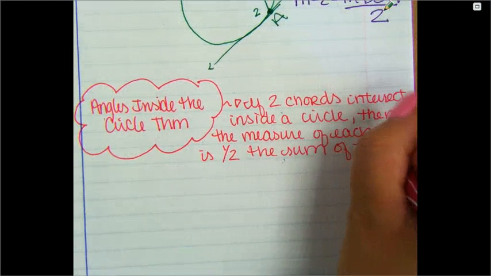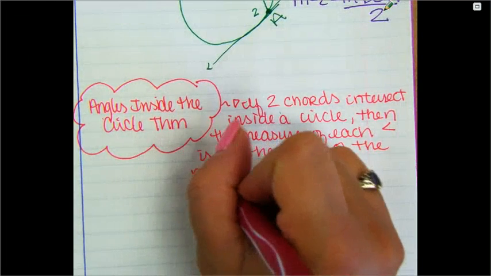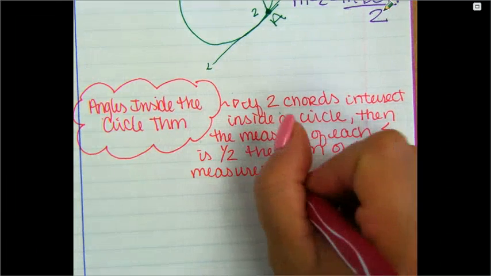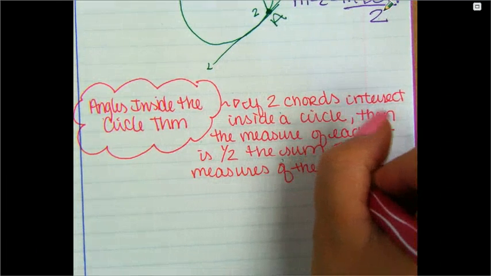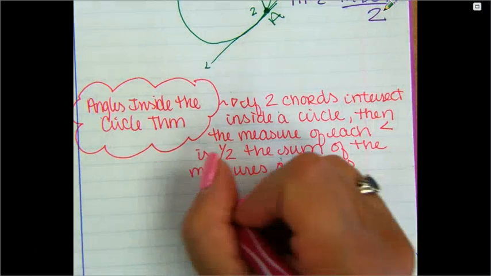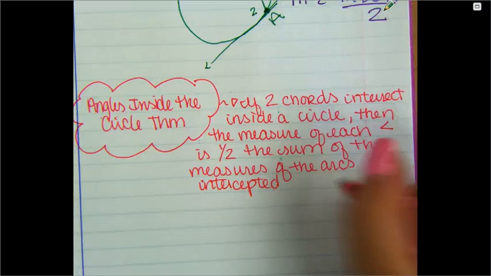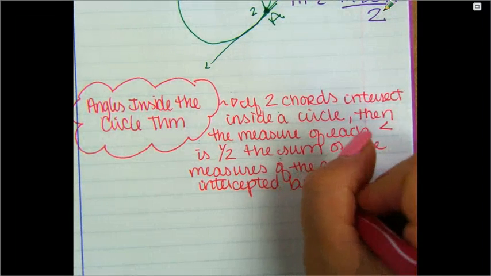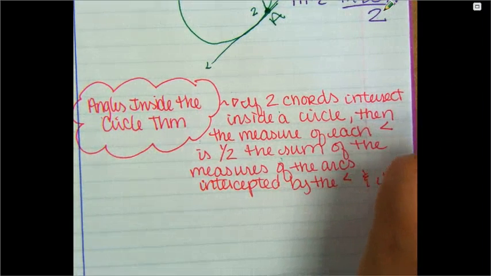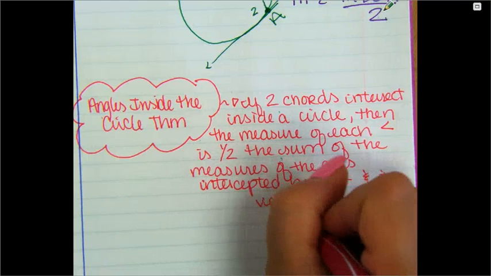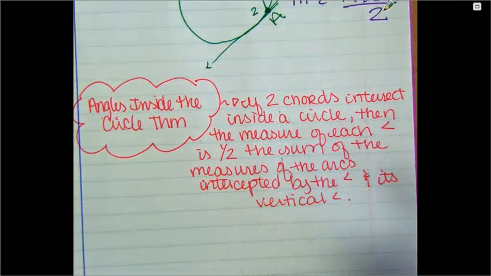Of the measures of the arcs intercepted by the angle and its vertical angle. I'll let you write that.